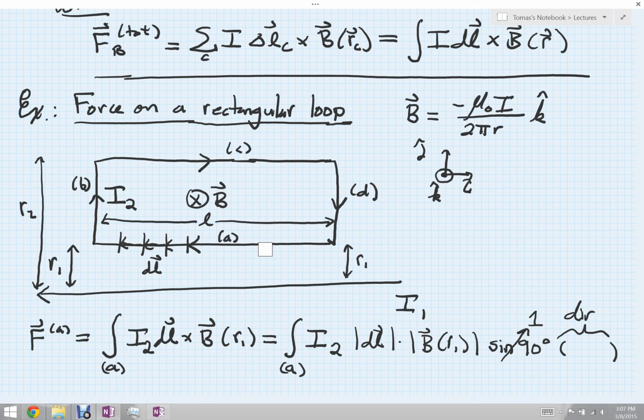So the force here, if I can draw it then, on each of my little vectors, and therefore also, because it's in the same direction for the entire side, the force on A is actually going to be in this downward direction. Or, mathematically, that's the minus j hat direction. And this should, by the way, come out fairly intuitive for us, because after all, if you think about it, these are two parallel wires with currents flowing in the same direction.